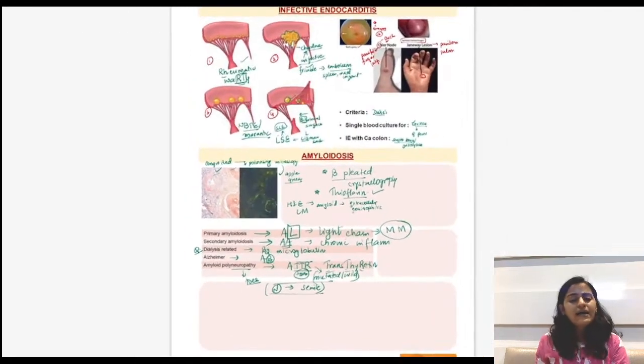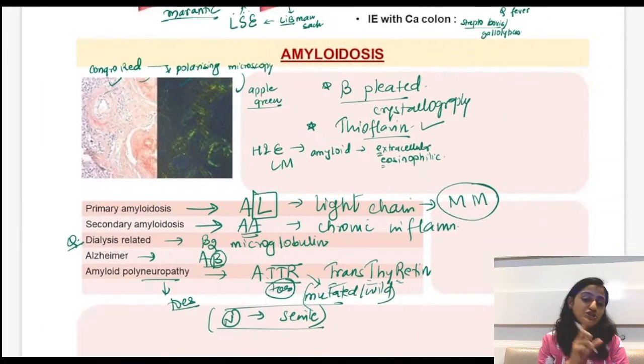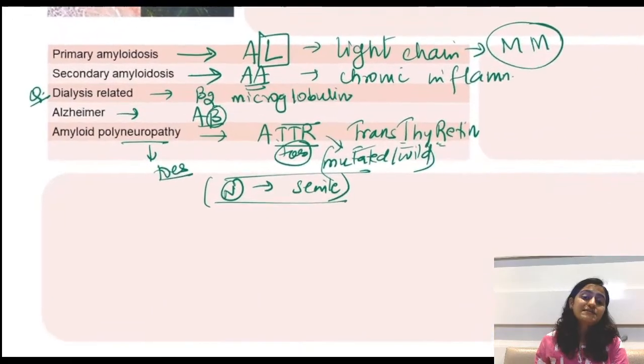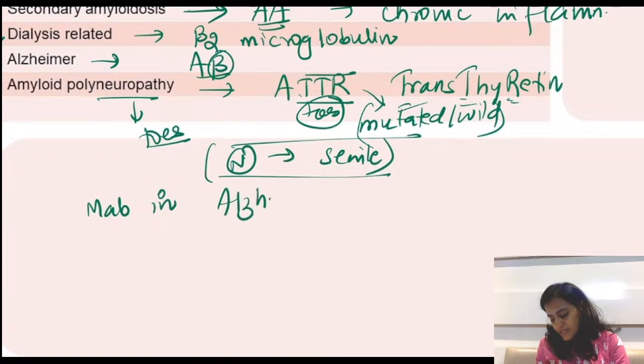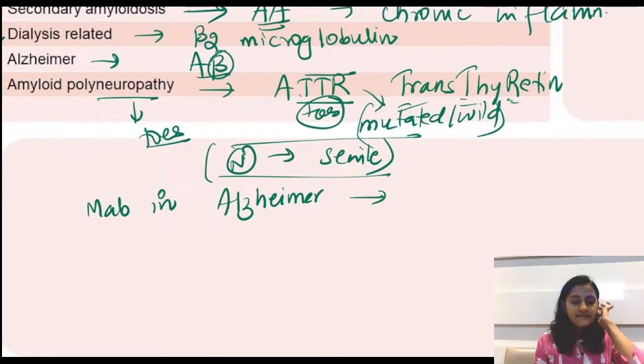Okay. Anybody remembers we had discussed in the short offline class कि Alzheimer's disease में कौन सा monoclonal antibody देते हैं? Let me see who remembers this. Monoclonal antibody in Alzheimer's disease. Yes, anybody remembers that? Monoclonal antibody in Alzheimer's.